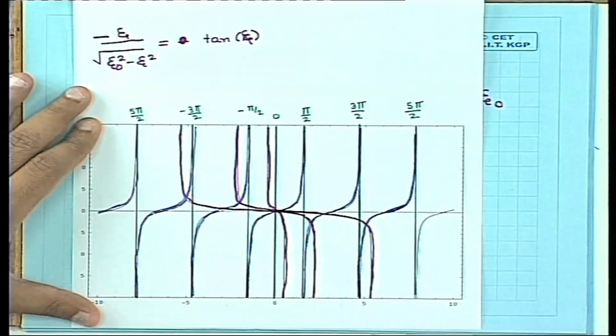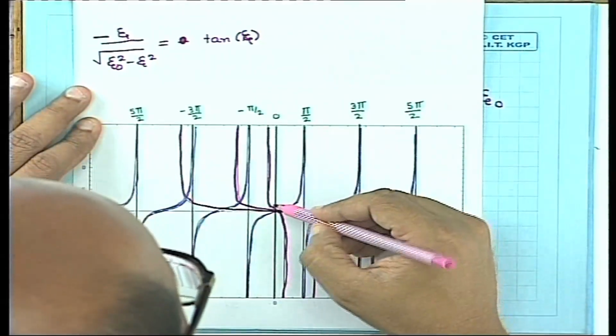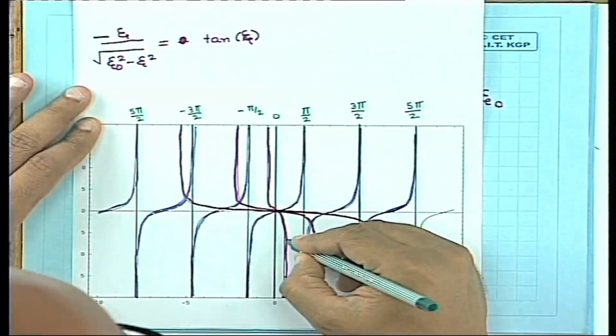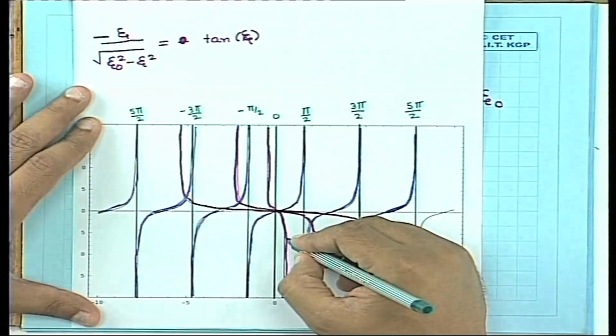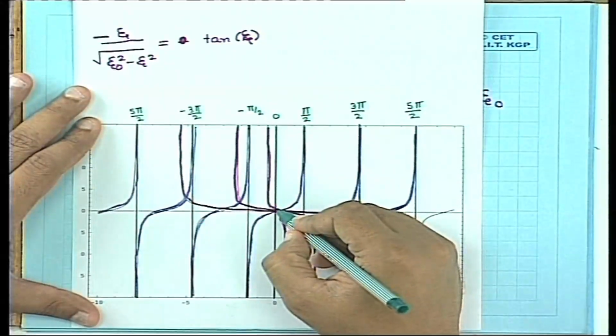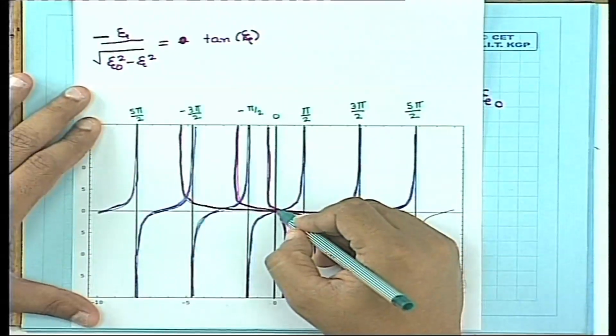So we have to see when this particular curve intersects tan xi. And we find that the only intersection occurs at xi equal to 0. This corresponds to a situation where the energy is 0, and the wave function itself also will be 0.